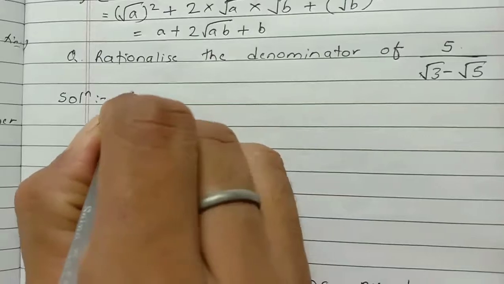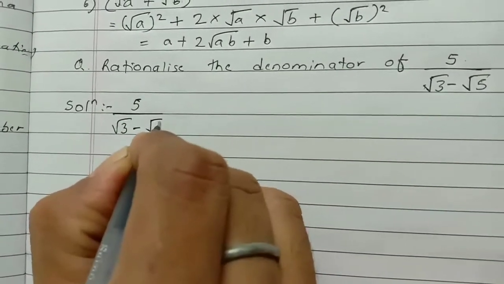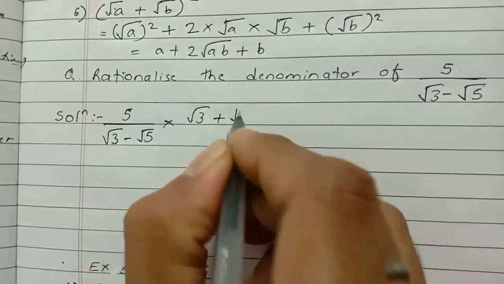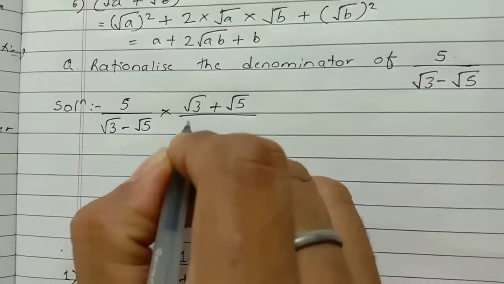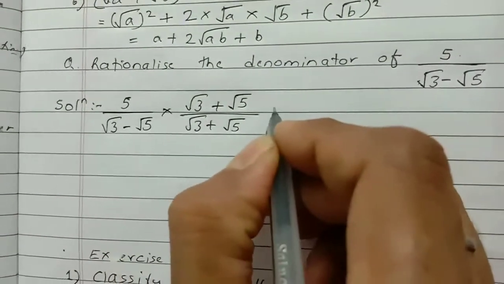Okay, let's solve. 5 by (root 3 minus root 5) is multiplied by (root 3 plus root 5) over (root 3 plus root 5).